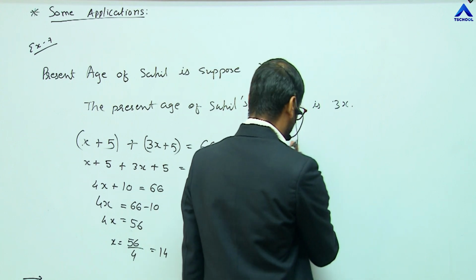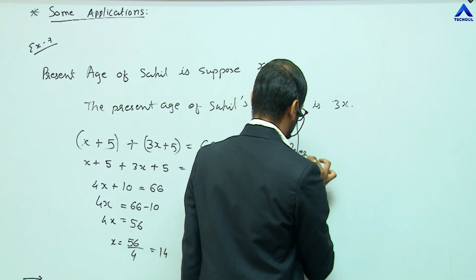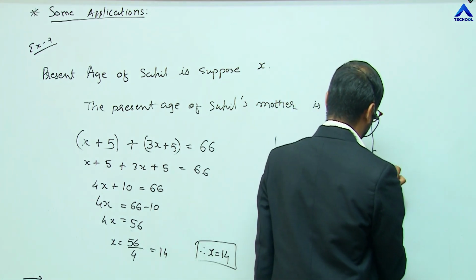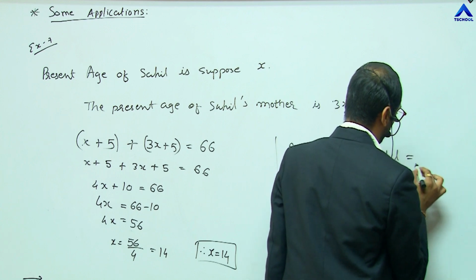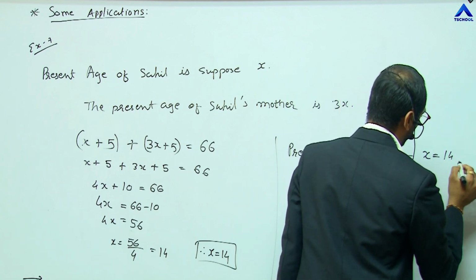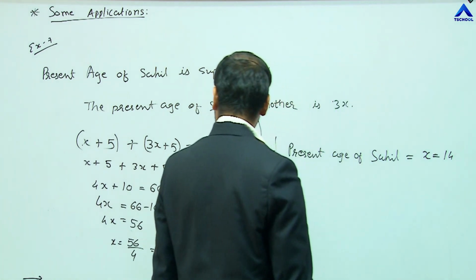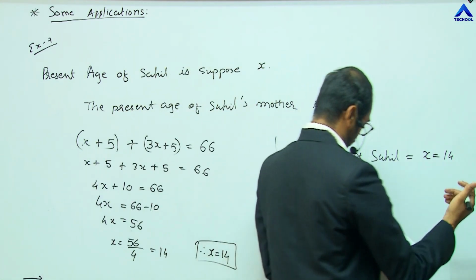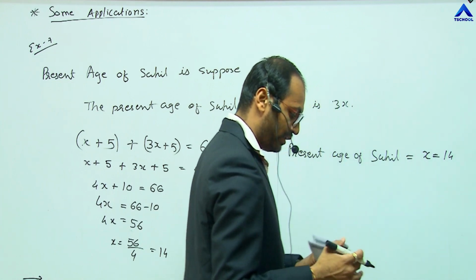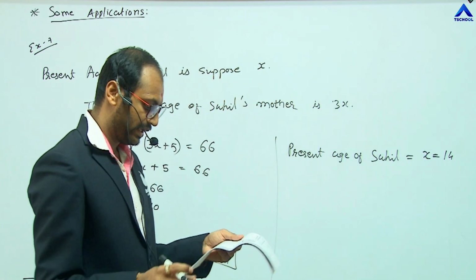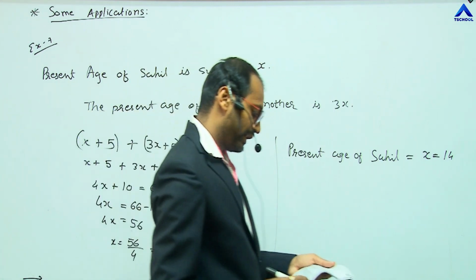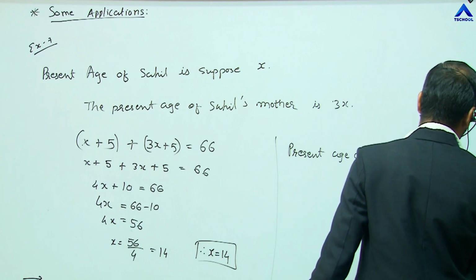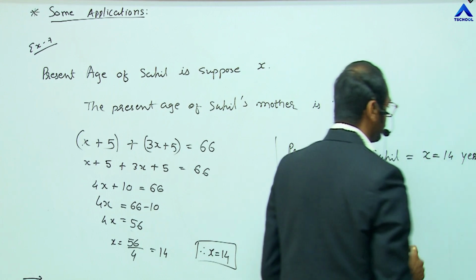You have to add the present sentence: present age of Sahil equals X equals 14. There is no unit here, so we don't need to write any unit, though we can write years also, since the problem contains 66 years.